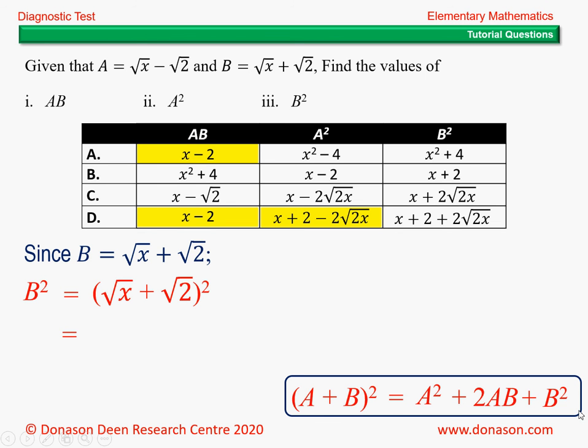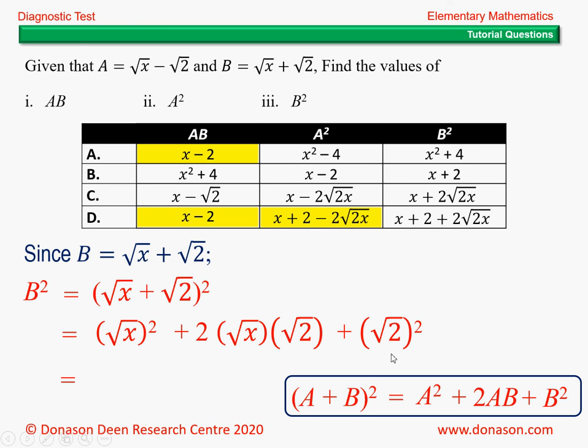So we can just substitute into the right side of the expression, which is a squared. Your a is root x, so we're going to write root x squared. Then we have got a plus 2ab, so we write a plus 2, then a is root x and b is root 2, so I have just followed exactly like this, plus b squared. Your b is root 2, right? So we're going to write plus root 2, then we put a square.